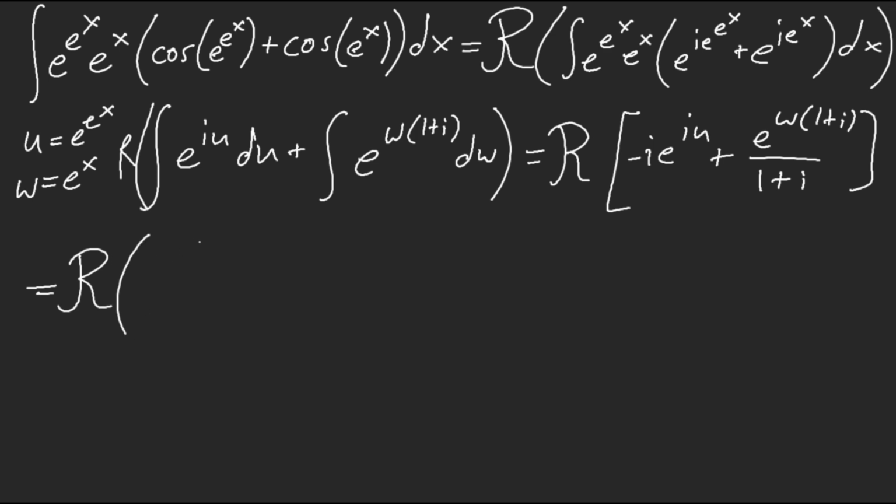Right? So, I mean, we know that this is the imaginary part, technically. You know, e to the iu is cosine plus I sine of u. So we know that we're going to have a sine of u here. Okay. And then, let's see.